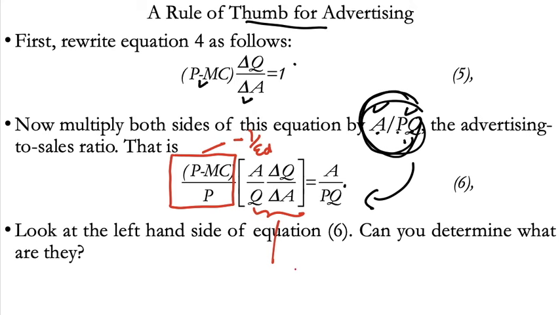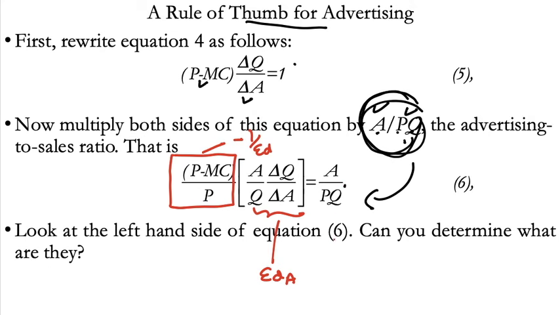If you know the rule of calculating elasticity, then you can see that this one is elasticity of demand for advertising expenditure. How demand is being affected by advertisements, okay? And then this is just a ratio of advertising expenditure to revenue.